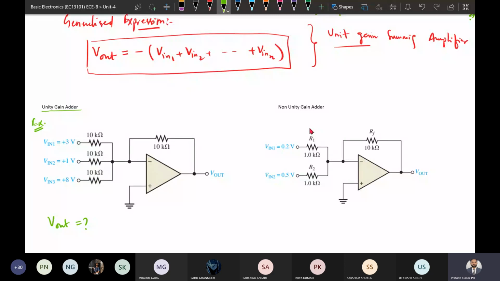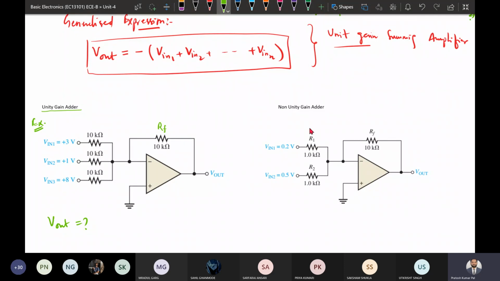There are three different inputs. Input 1 is 3 volt, input 2 is 1 volt, and input 3 is 8 volt. It has the respective resistances, and there is RF, and we are getting the output. So what will be the V output in terms of V input?